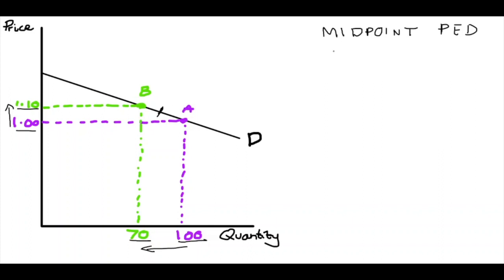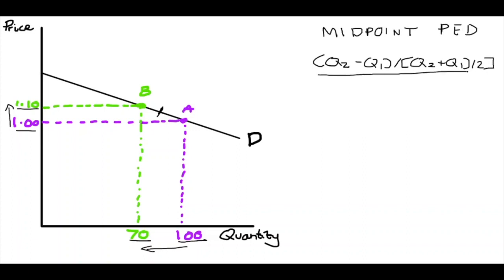So the formula involved here is it starts off with Q2 minus Q1 all divided by, open up a square bracket here, Q2 plus Q1, close this up, divide it by 2 and close up our square bracket.